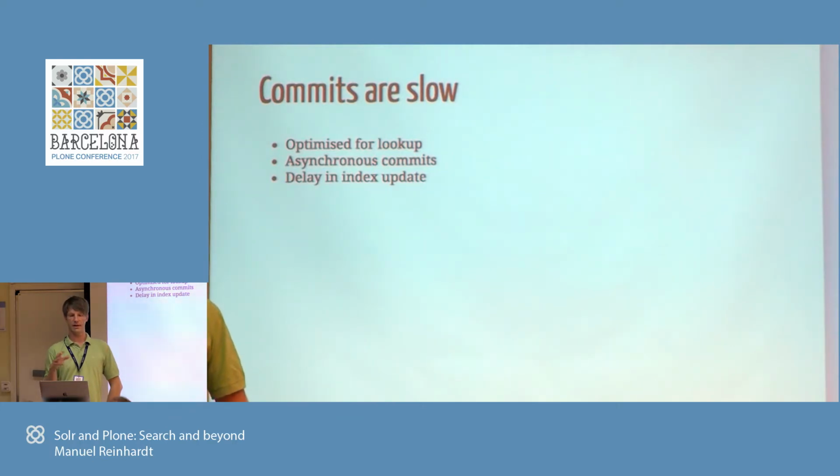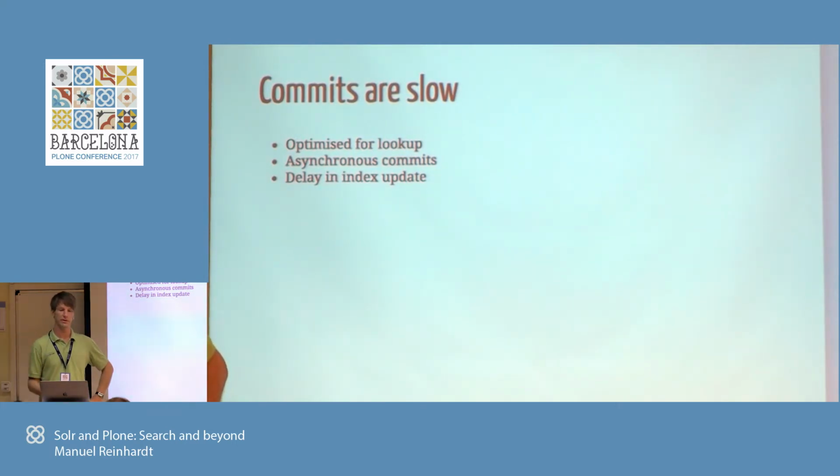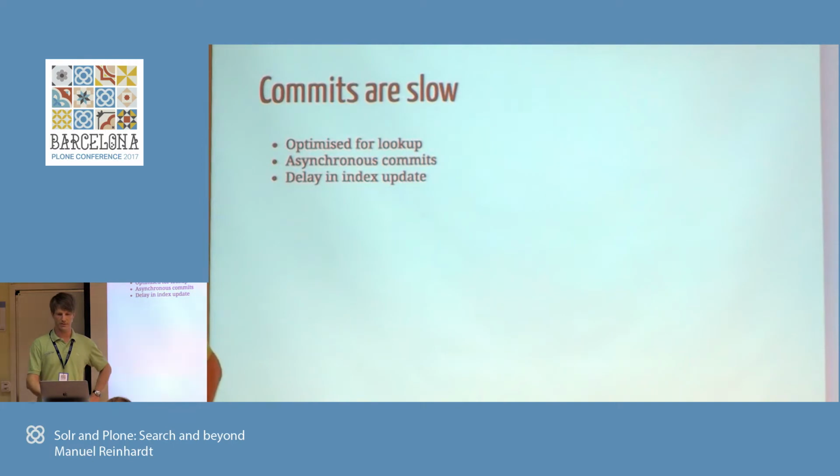Because yes, the data was sent to Solr, but what you were using to generate the calendar view was out of date because it was still processing the update, and the event was just not there. That's not an unsolvable problem either. Maybe you just need to not use asynchronous commits in situations like this, or you can do some trick. I mean, after all, you know what event was just created, so maybe you just add that to the Solr data you're getting. So there are ways to solve this.